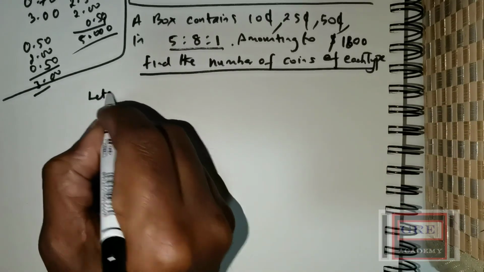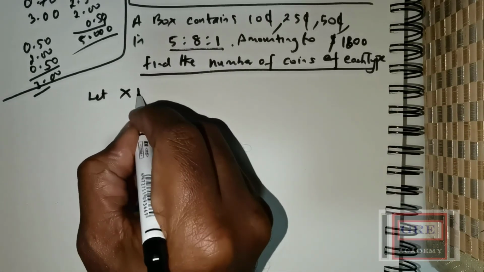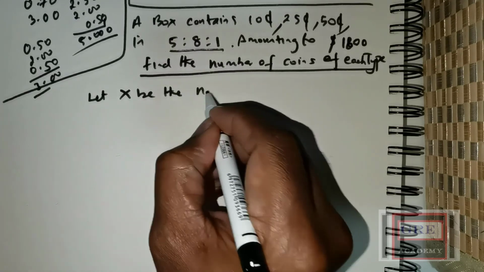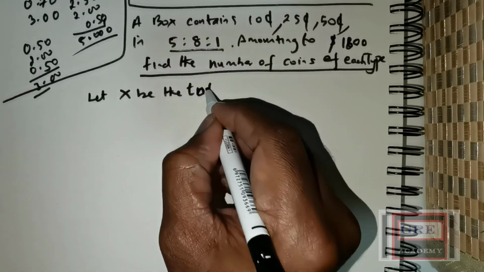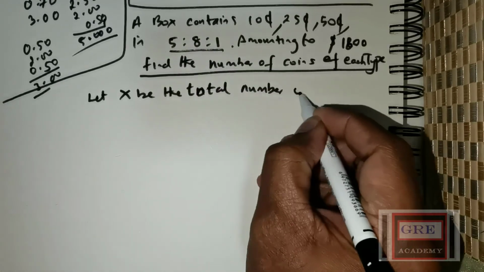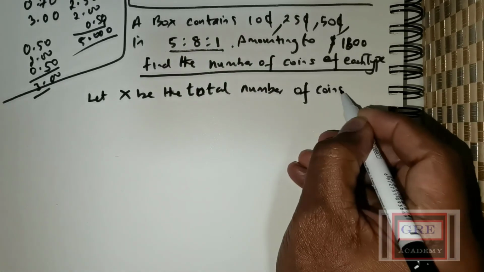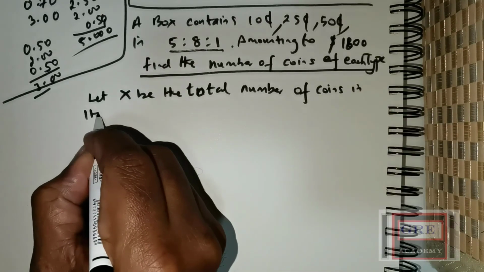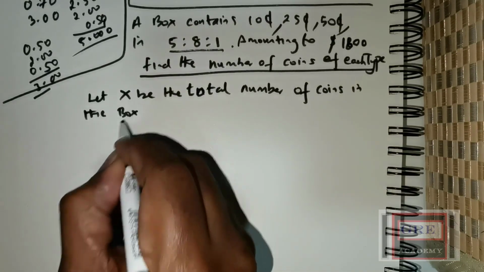So we would start by assuming let x be the total number of coins in the box.